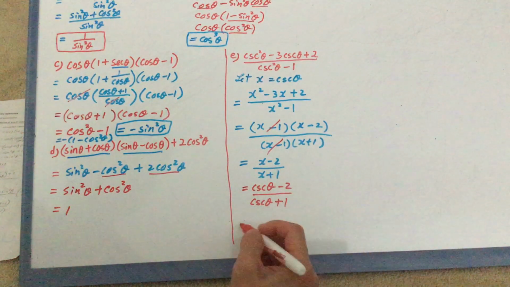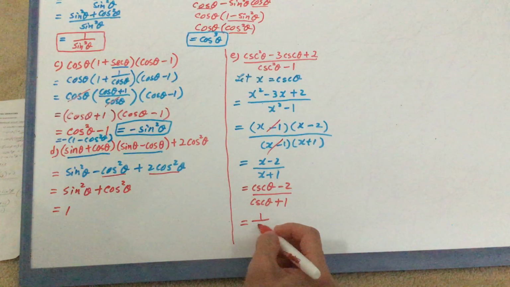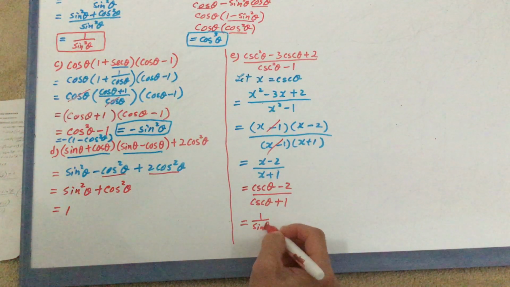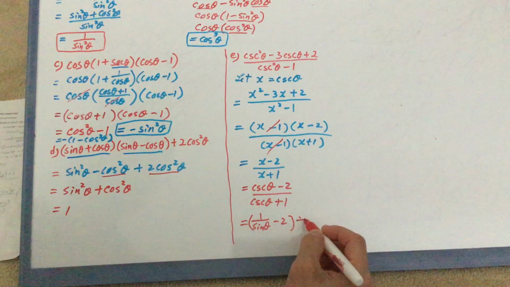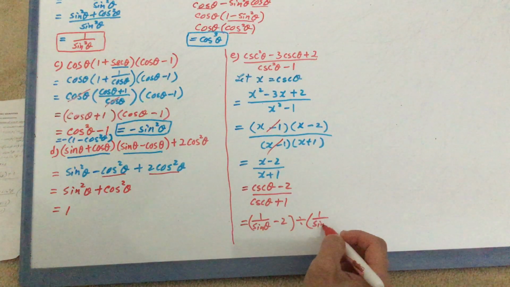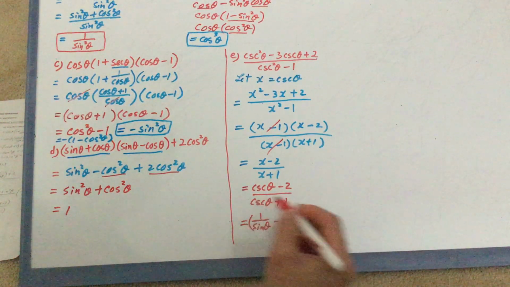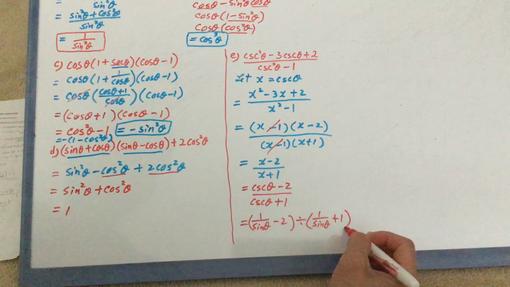I can have cosecant turn into 1 over sine theta, minus 2, put in the bracket, and divided by 1 over sine theta, it's the reciprocal of the cosecant, plus 1.